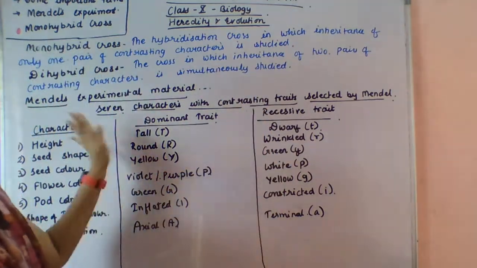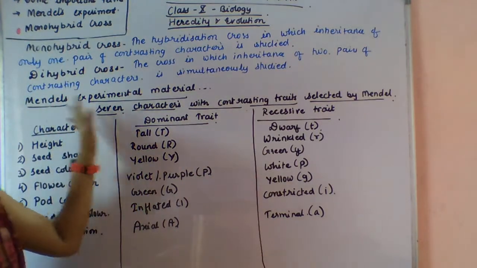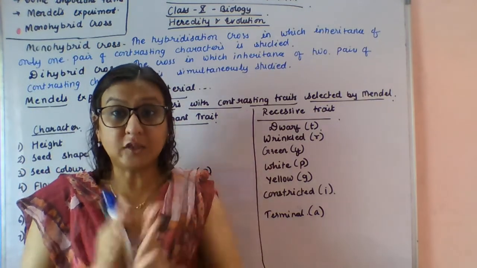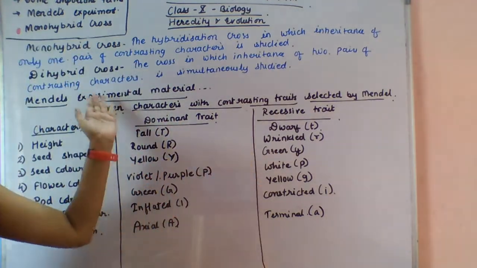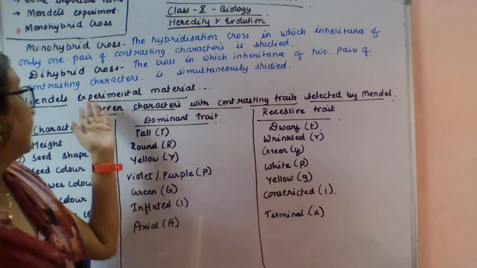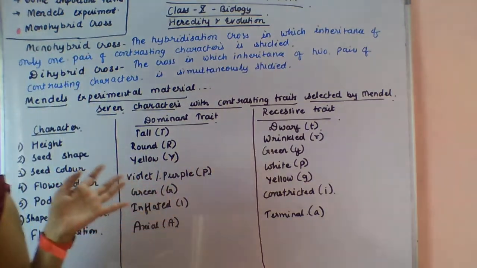Okay, so now we are starting with Mendel's experiment, or Mendel's experimental material. In yesterday's class, I explained that Mendel's experiment was done on the pea plant, or Pisum sativum. The full name of Mendel is Gregor Johann Mendel.